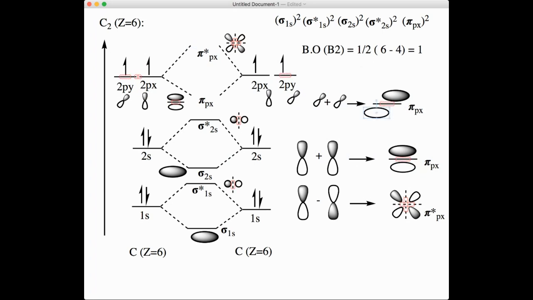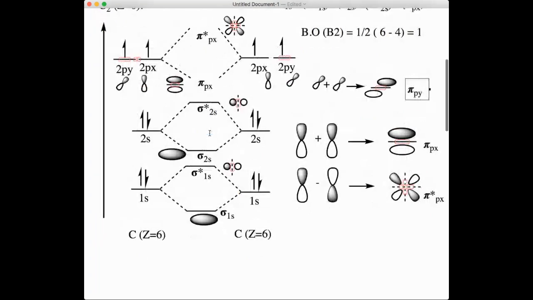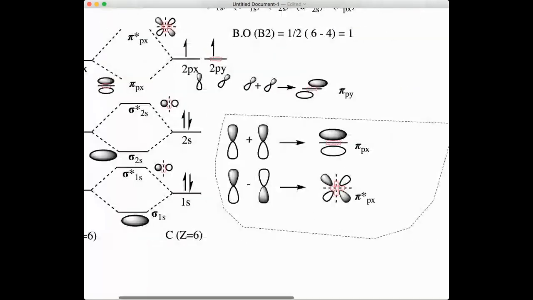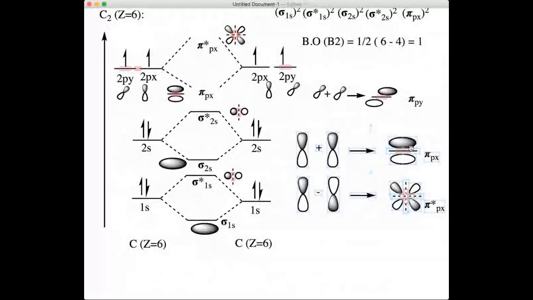To be more precise. So that could be a pi bonding molecular orbital resulting from the combination of the two 2py, sorry. So it's going to be pi py. And the anti-bonding would be exactly the same thing, just with a nodal plane, right?